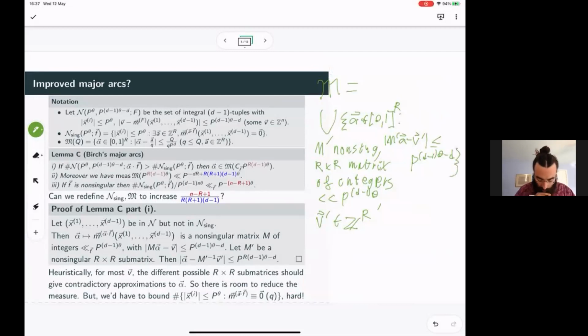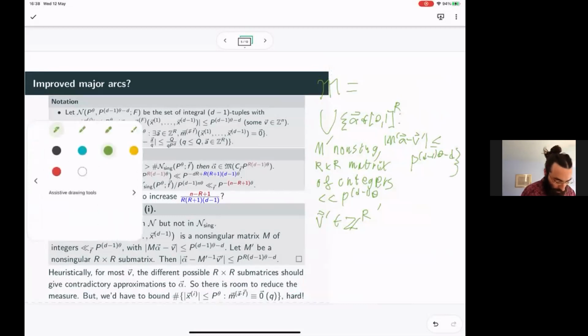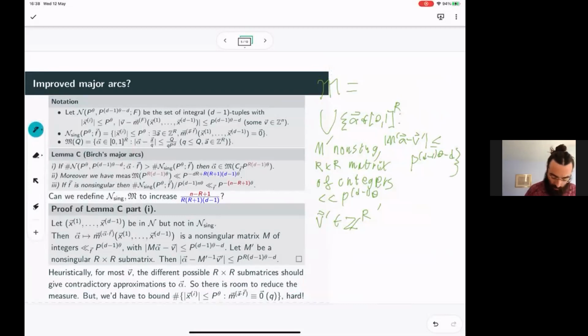Right, so one can essentially see the major arcs as being this set, and the point is that if capital R is 1, then our bad case, the main term in a way, is going to come from this situation down here.